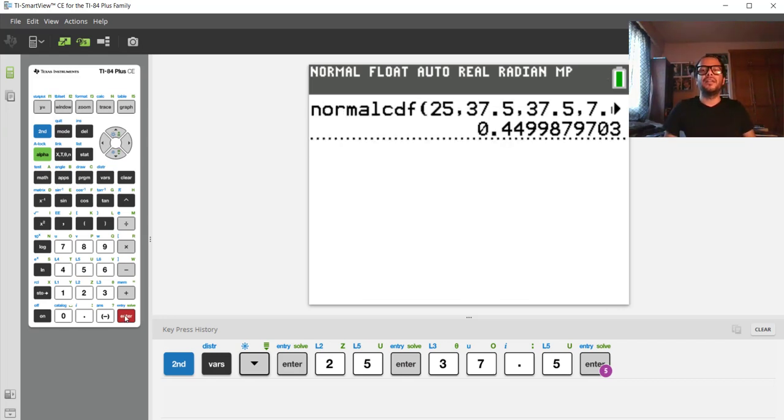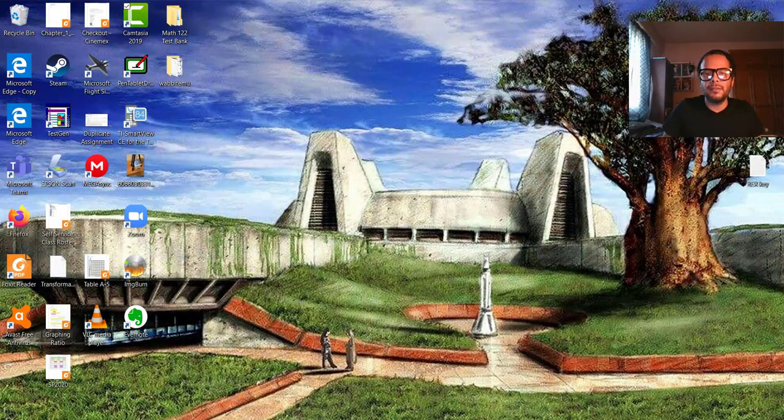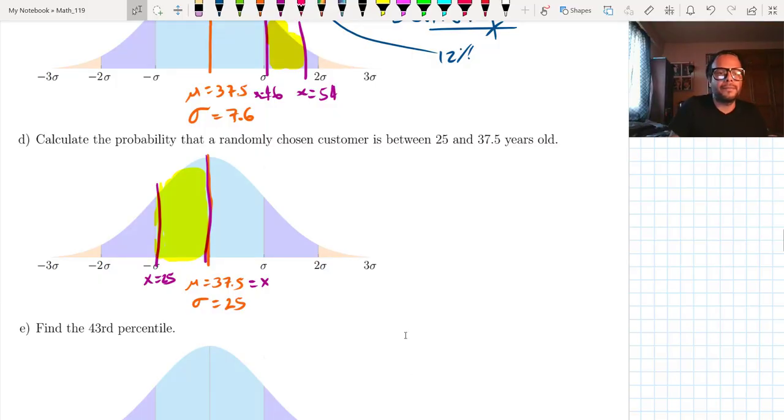Just click enter and we get 0.4499. I know this rounds up to basically 0.5000, but it's 0.4499.